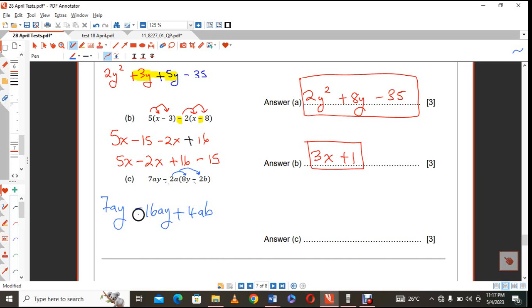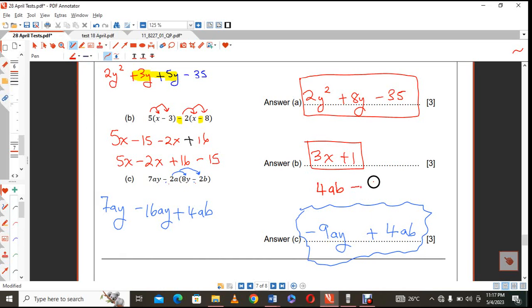So if you were to say 7 minus 16, that gives you negative 9ay plus 4ab. You could see things like we put a positive term in front and the negative term in the second position, it's still the same thing. So someone could say 4ab minus 9ay. Still the same thing, it doesn't really matter. So the answer will be exactly the same.